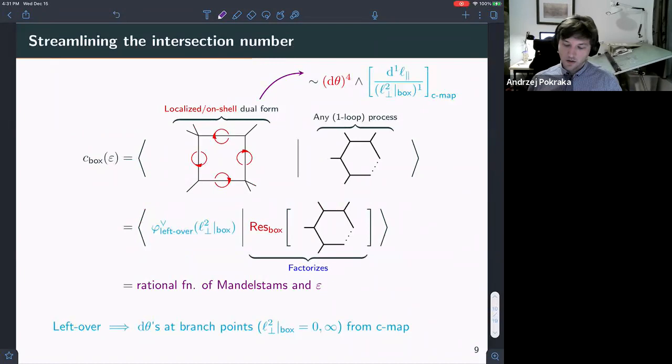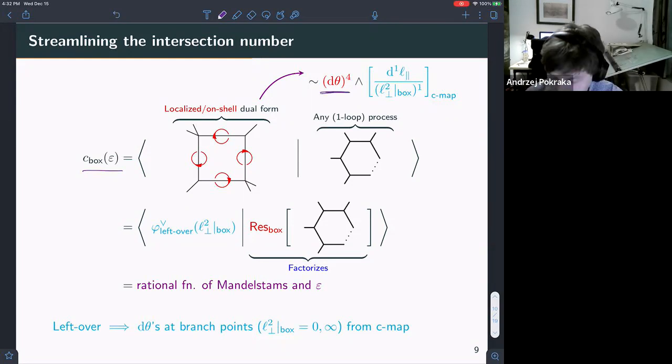Okay, so now that we've understood a little bit of what these dual forms look like, I want to explain how they simplify the calculation of the intersection number and in turn the extraction of integral coefficients. So let's consider the box coefficient, for example. We put here the box dual form, which is localized to this box cut.